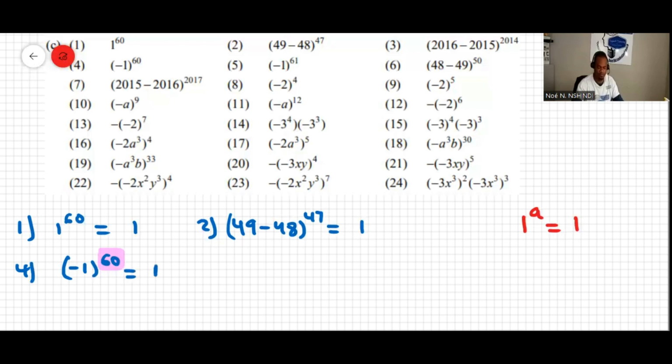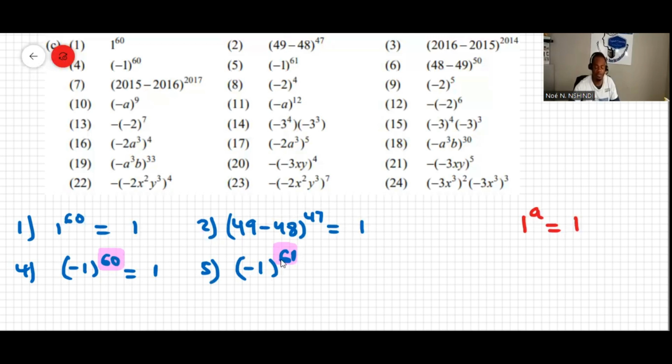Question 5. We have negative 1 to the power of 61. Similarly, when the power is an even number, like 60, the answer will always be positive.